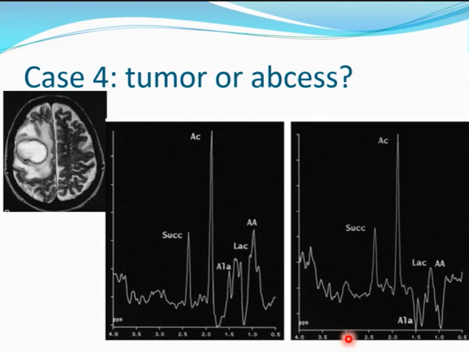All different weird metabolites that we have never heard of, indicating this is an abscess. It is part of the brain that has been completely destroyed and replaced by pus, okay? And of course, the imaging features can be used to suggest an abscess, thick-walled lesion with peripheral edema and mass effect and things like that.